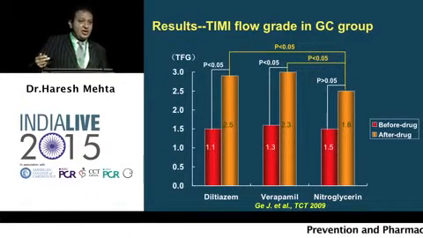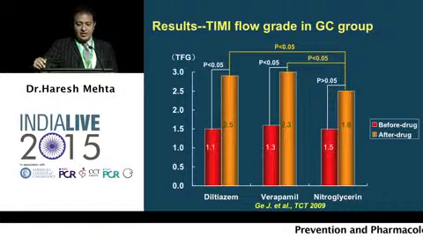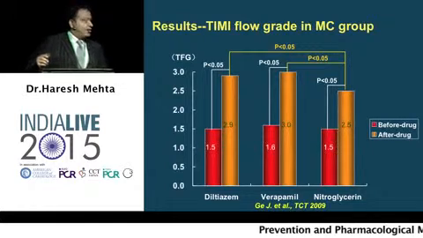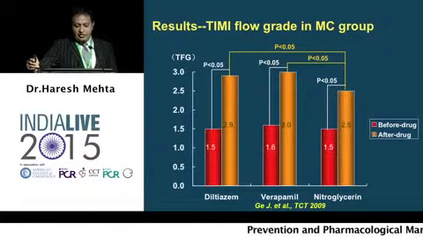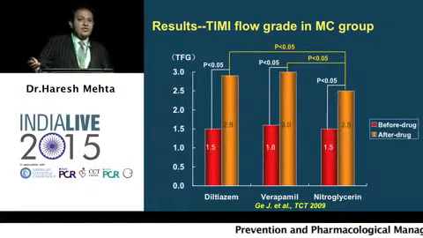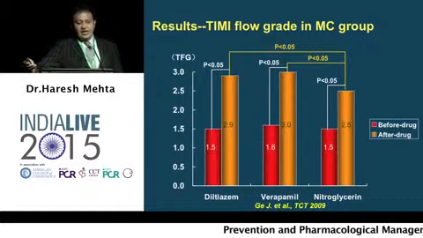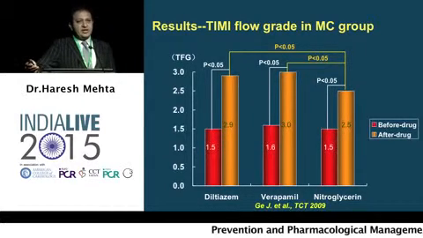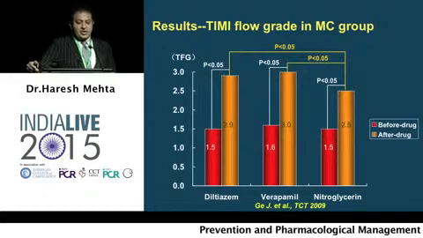So nitroglycerine intracoronary was not significant, although the others were significant compared to each other. But if you use the microcatheter group, the TIMI flow goes up to 2.9, 3, and even nitroglycerine goes up to 3.5. So it clearly tells us that use of a microcatheter is mandatory to reverse no reflow.